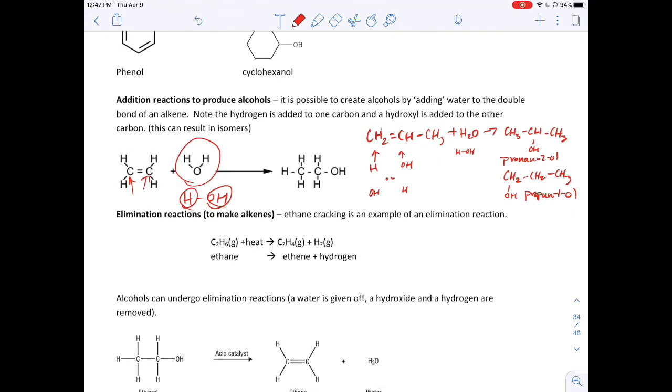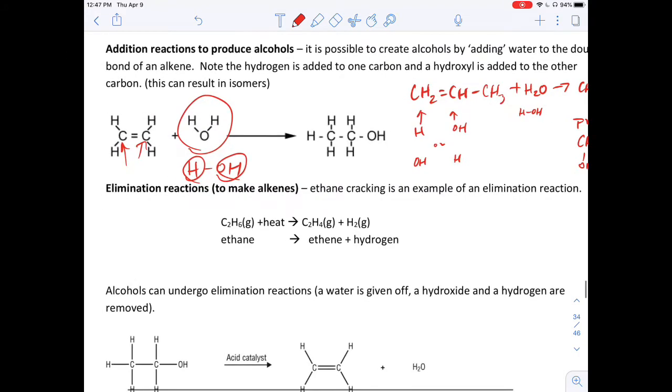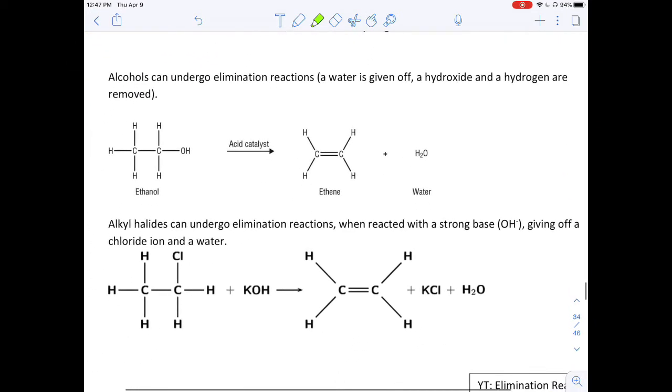Another kind of reaction that occurs that's a new one is an elimination reaction. So elimination reactions will look almost exactly the opposite to the addition reaction. And so elimination reactions will always make a double bond.